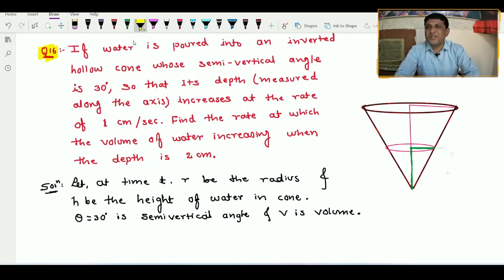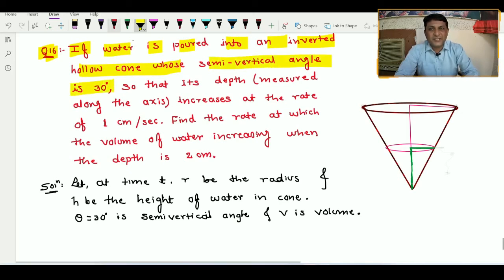Now see example number 16. In this example, what is the given condition? Water is poured into an inverted hollow cone whose semi-vertical angle is 30 degrees. So here we have considered one cone, and the semi-vertical angle is equal to 30 degrees, and water is poured in this cone.